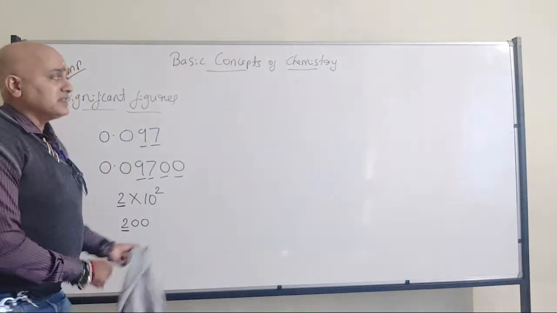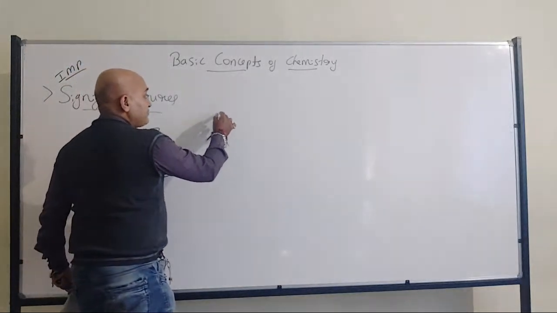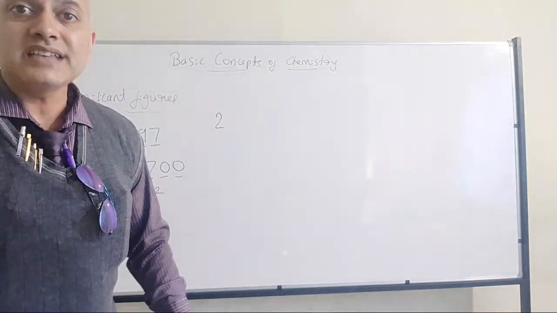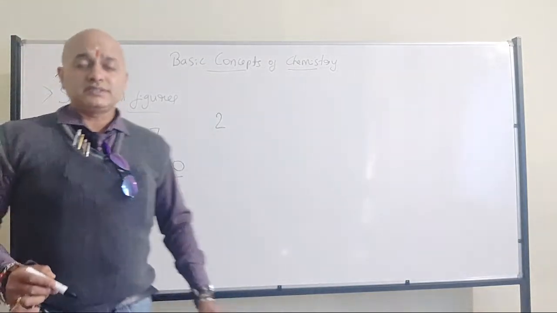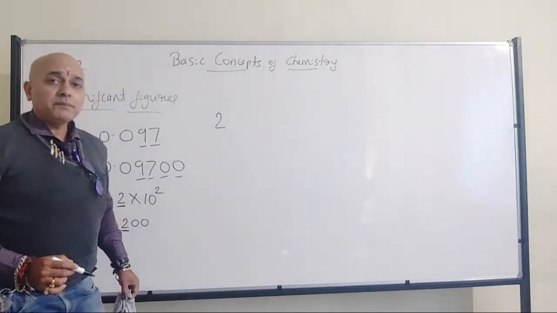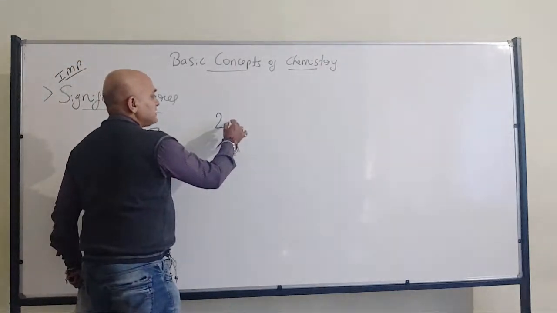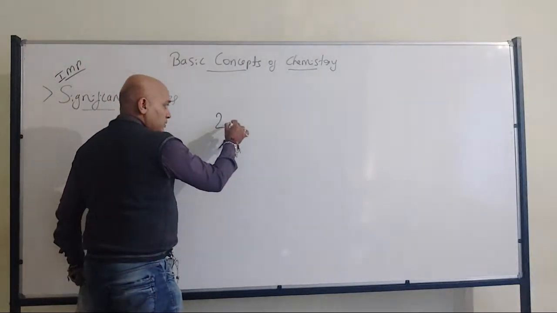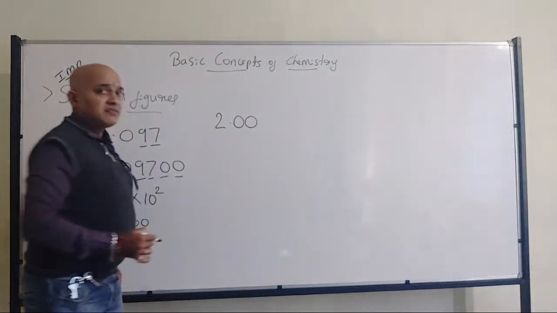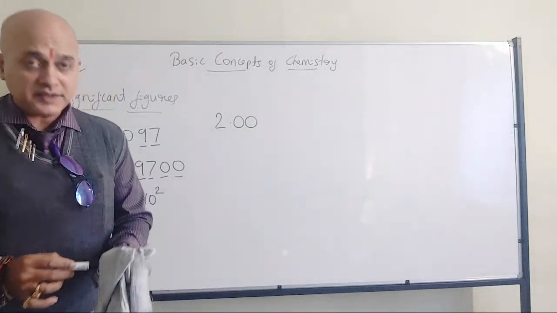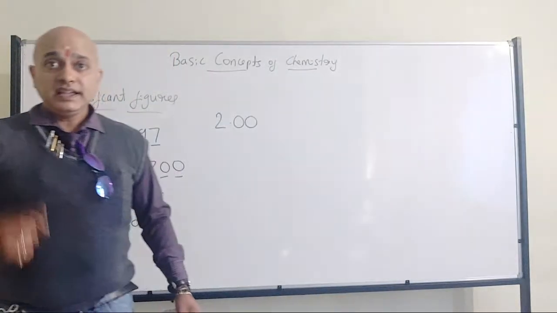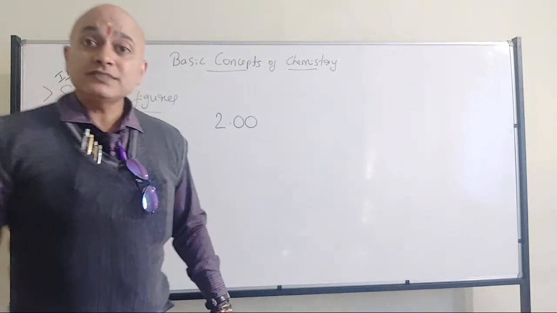So what it means? That means he is specifying that he is having 2 cricket balls. So in that case, if I want to represent that one, I can represent it as 2.00, right? He is very much sure, so he is specifying that one.